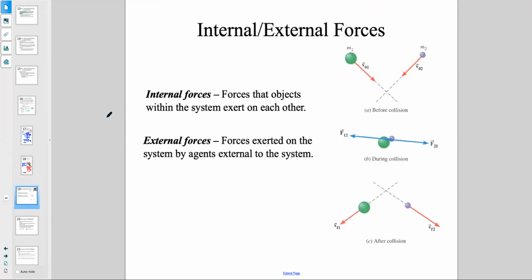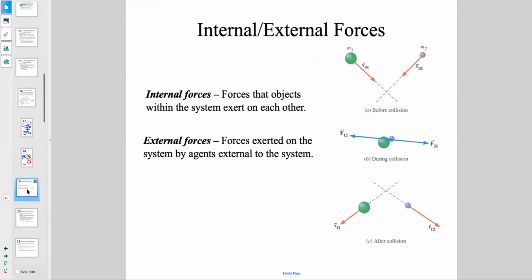Okay, so let's talk about internal and external forces, and this would be the last slide for this part of the video, part 1. So internal forces are forces that objects within the system exert on one another. Just like what we had before. Remember that we had a couple of boxes, and based on Newton's third law, I have box 1, box 2, box 3.